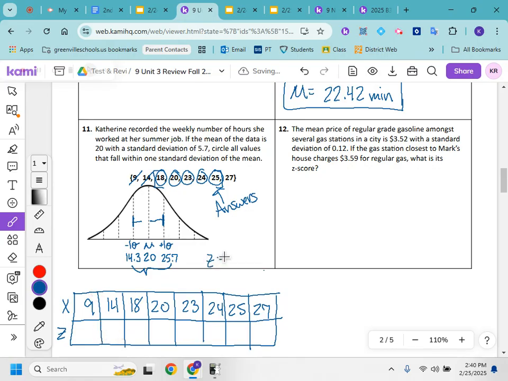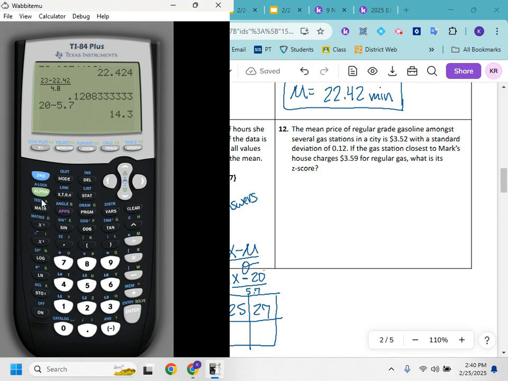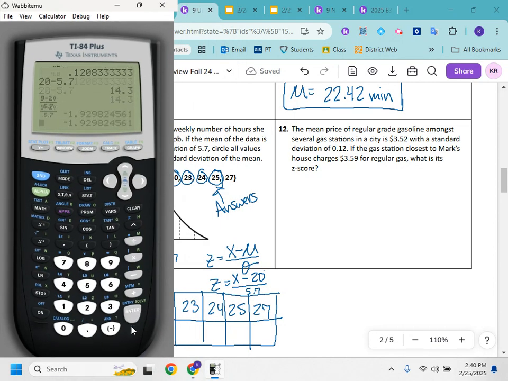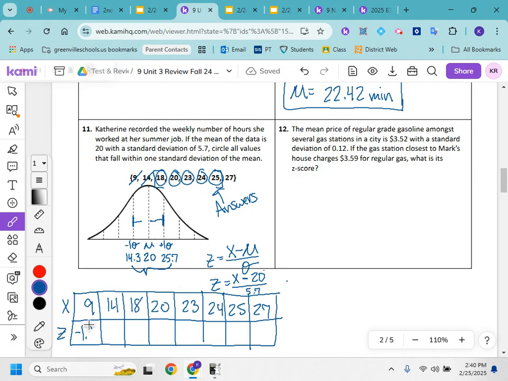So z-score equals the data, 9, minus the mean, 20, divided by your standard deviation of 5.7. Alpha y equals, enter, 9 minus 20 divided by 5.7 is negative 1.93. That is further than one standard deviation from the mean.